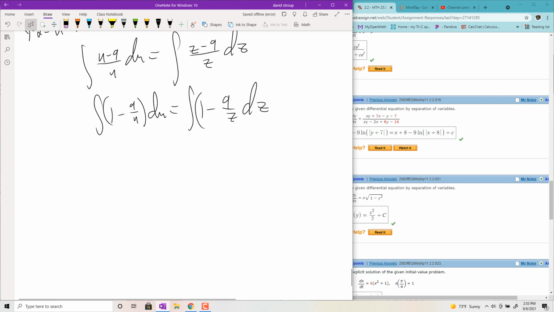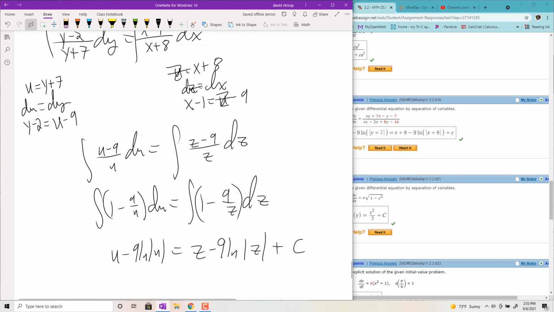And then I integrate, so I would get u minus 9 ln absolute value of u equals z minus 9 ln absolute value of z. Let's see, and then back sub u is y plus 7. So y plus 7 minus 9 ln absolute value of y plus 7 equals z, which is x plus 8 minus 9 ln absolute value of x plus 8, and then plus c. Okay? And that'll do it.